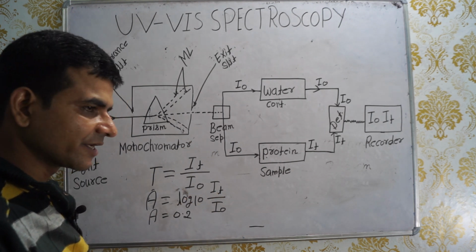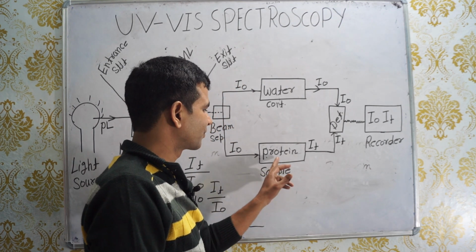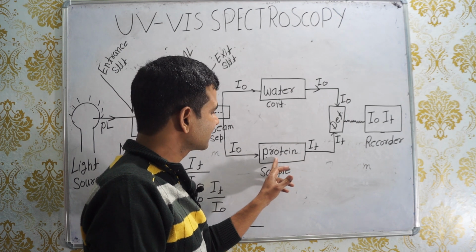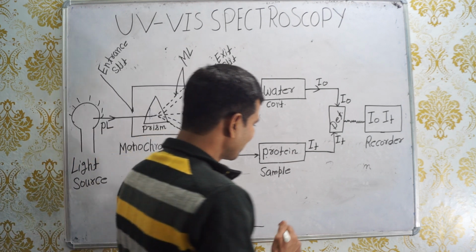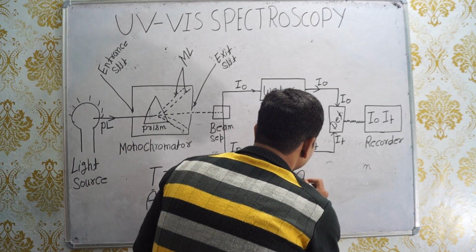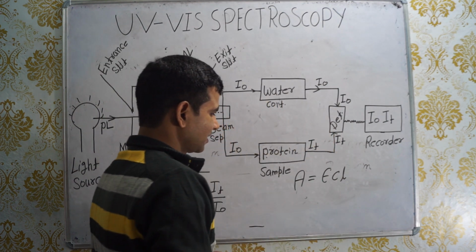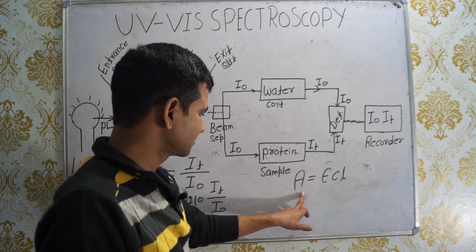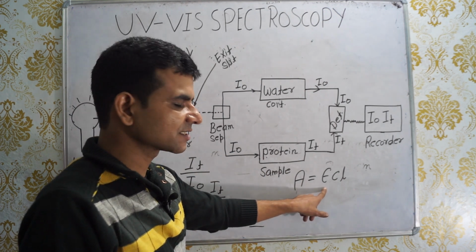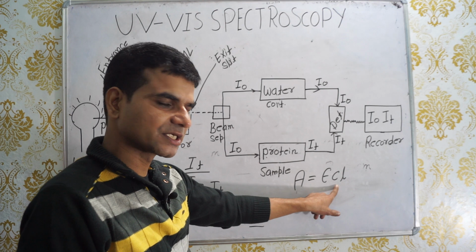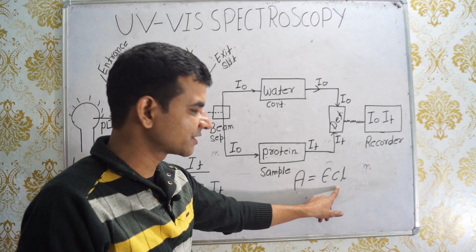Okay. Now in the next step we can find out the concentration of protein present in this sample by applying the formula of Lambert-Beer law, because Lambert-Beer law says A is equal to epsilon C L. Here A is equal to absorbance, epsilon is equal to extinction coefficient, C is equal to concentration, L is equal to path length, and here we want to find out the concentration.